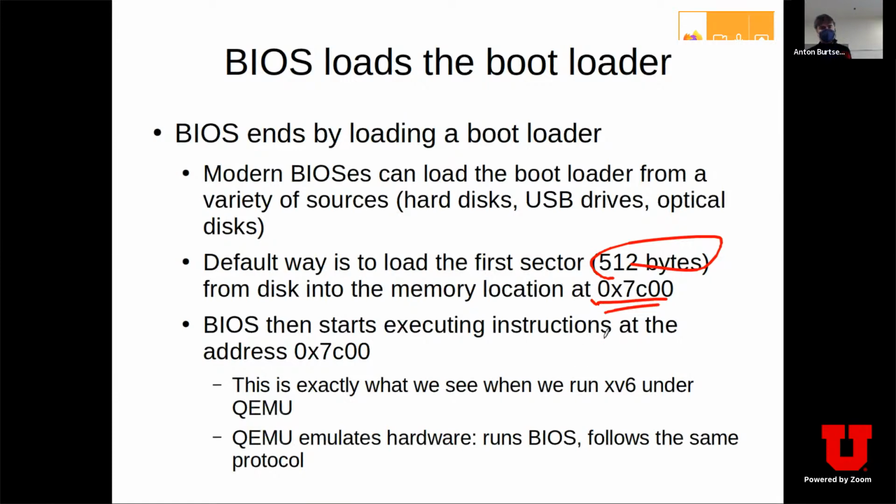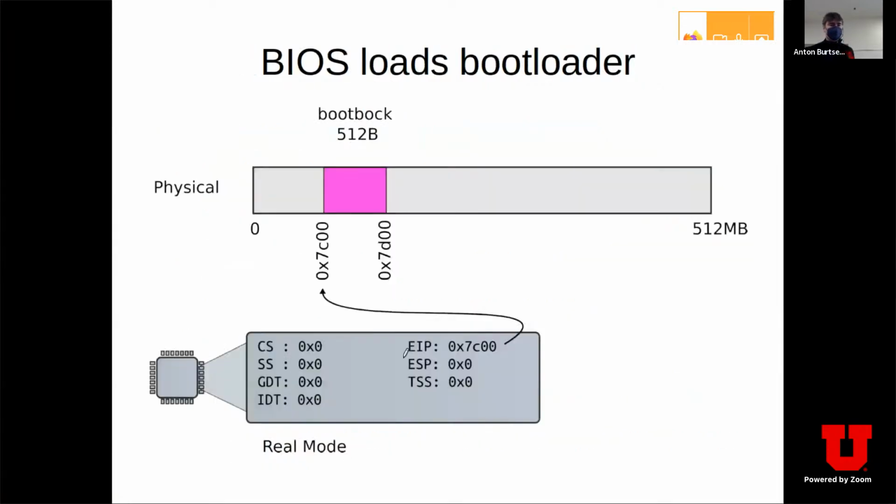We briefly discussed how we will compile a bootloader which runs there, and essentially our system looks like this: a tiny boot block, just 512 bytes, which BIOS loaded at 7C00. Remember, x86 machines in the past started in 16-bit mode.